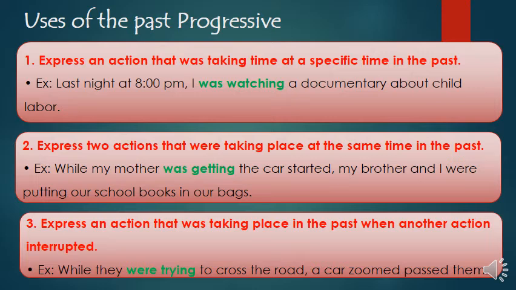Now we move to the uses of the past progressive tense. There are three main uses of the past progressive. First, the past progressive is used to express an action that was taking place at a specific time in the past.